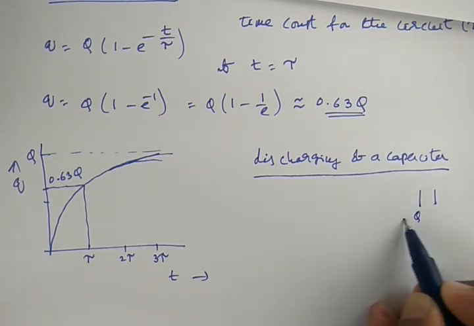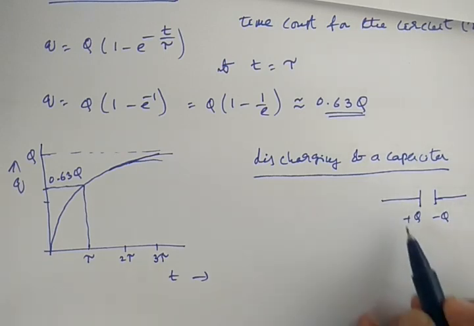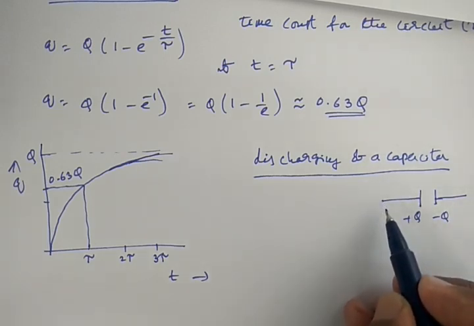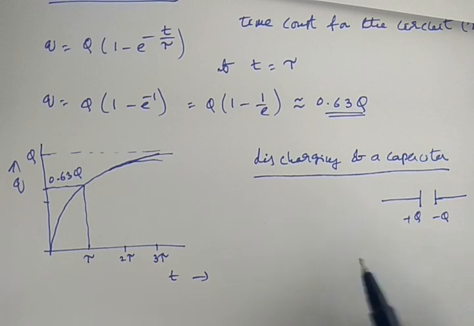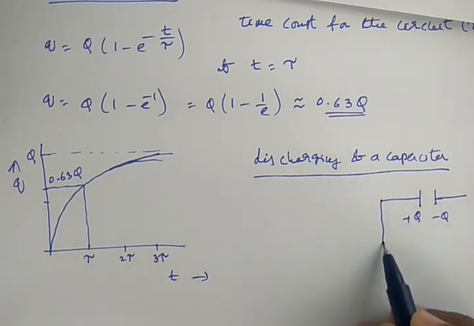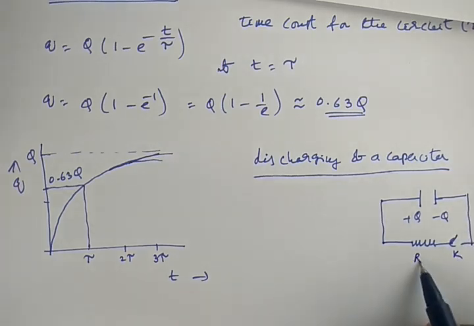Maybe plus Q is appearing here and minus Q is appearing here. Let us connect it. The connecting wires may have some finite resistance, and that resistance I am showing here as R. And maybe one switch is there. You can take a switch like that.